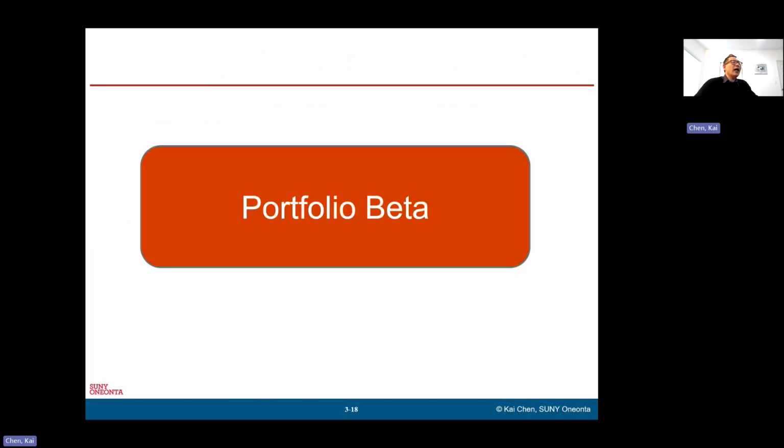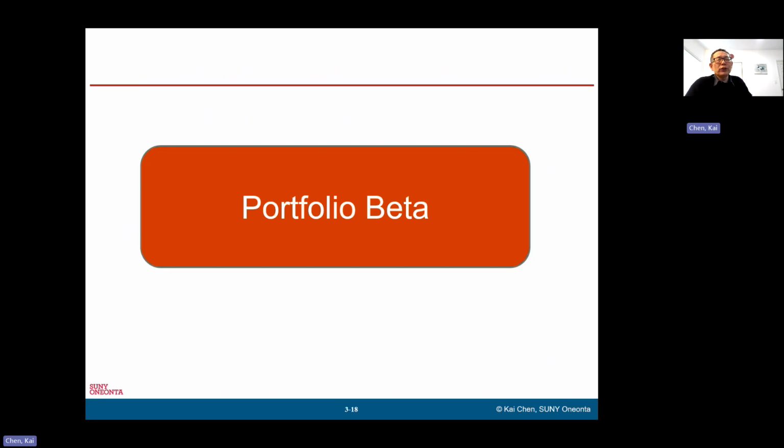After we get the variance of the portfolio, of course, we want to look at the beta of the portfolio. When we assess an asset, we usually look at the expected return, variance, as well as the beta.